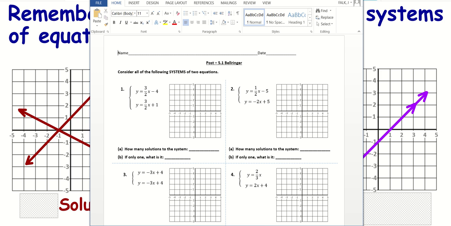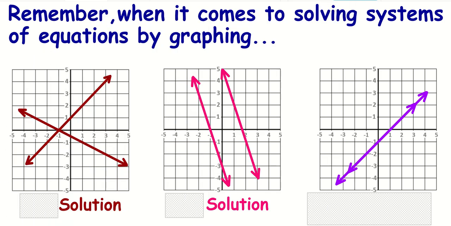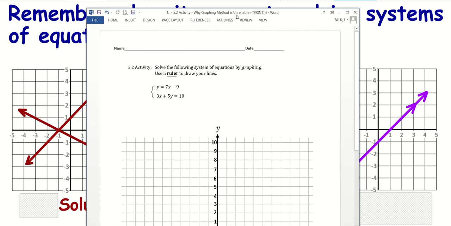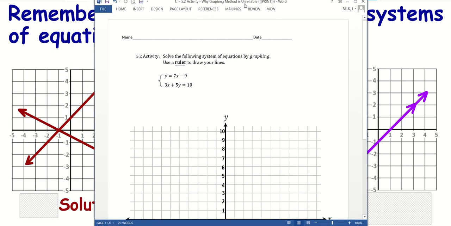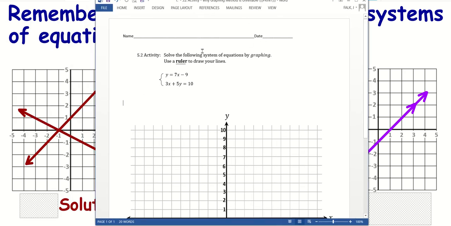This post 5.1 bell ringer will kind of fast track, hopefully. And also we'll probably refer to this activity that also kind of precedes 5.2. Like we do this activity as well in between 5.1 and 5.2.